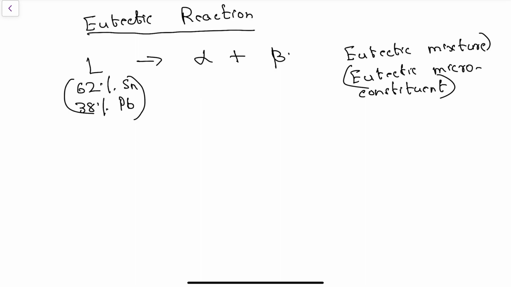And what will be the composition of this alloy? The composition is 18 percentage tin for alpha, and 97 percentage tin for beta. The remaining will be lead. This is the composition of alpha and beta.